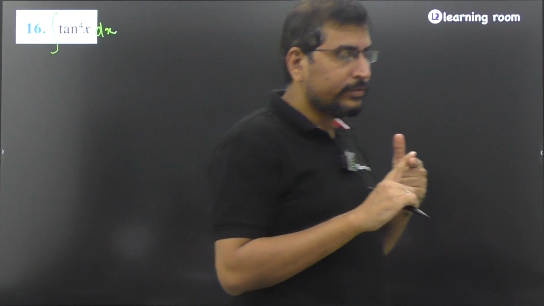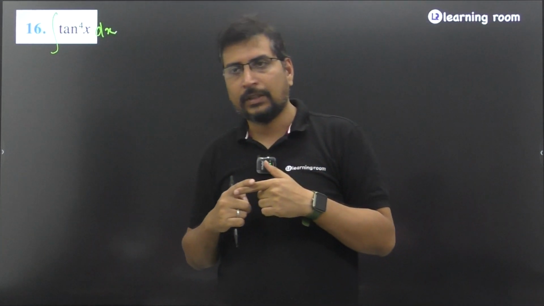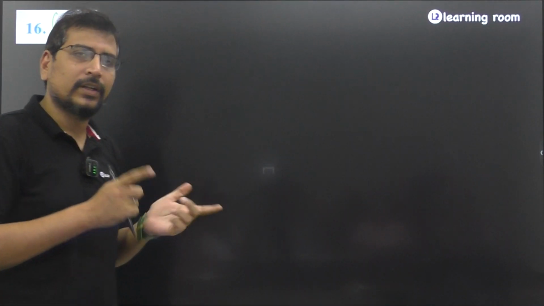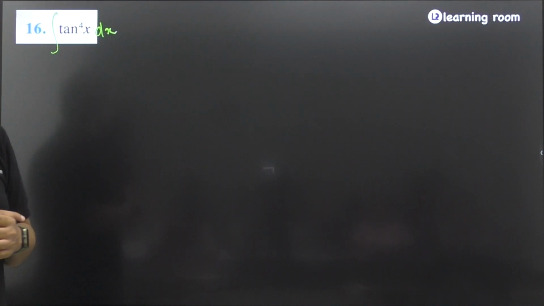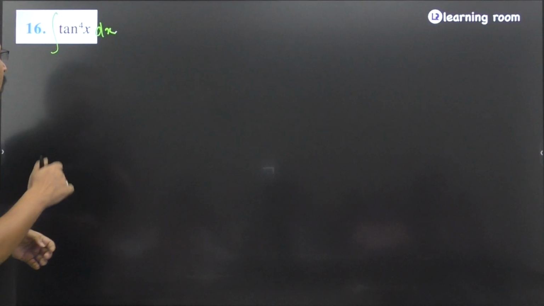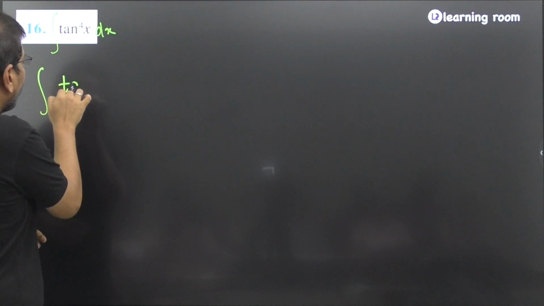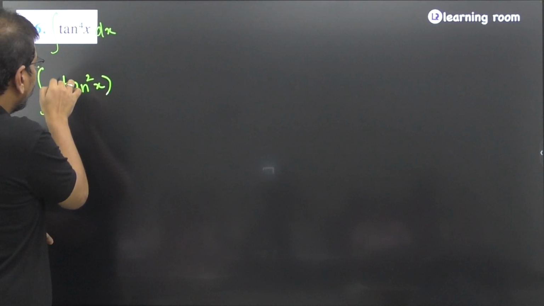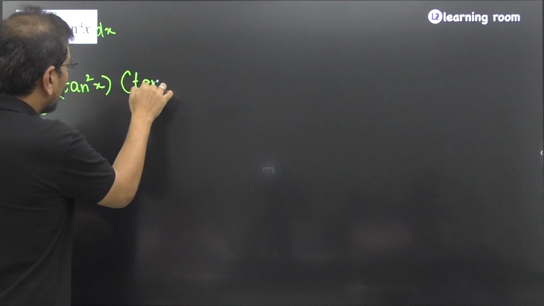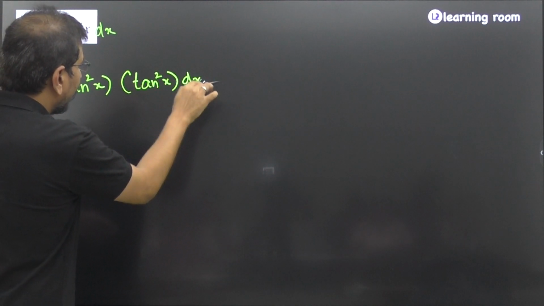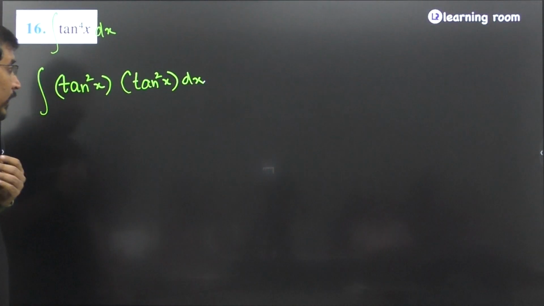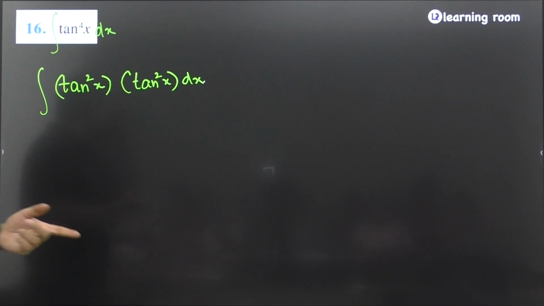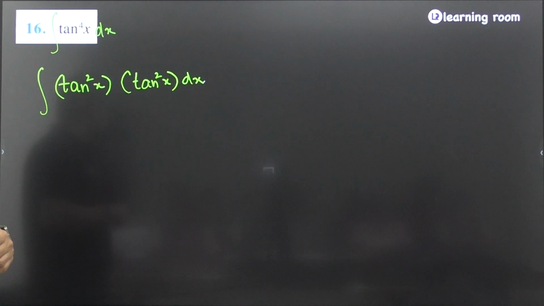If you look at this problem again, whenever you have tan raised to the power of something, especially if it is greater than 2, what you can do is write it as tan square x into tan square x. So here, can I write it as tan square x into tan square x dx? What I'll do to one of the tan square is write it as secant square x minus 1.